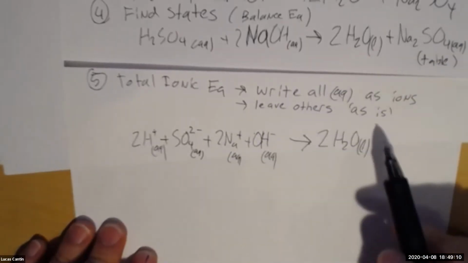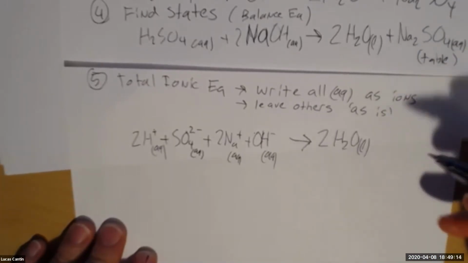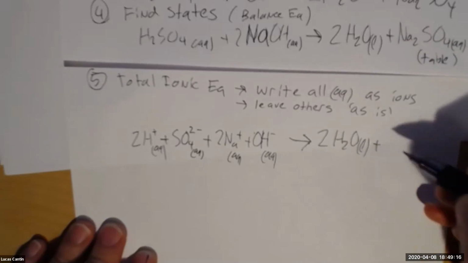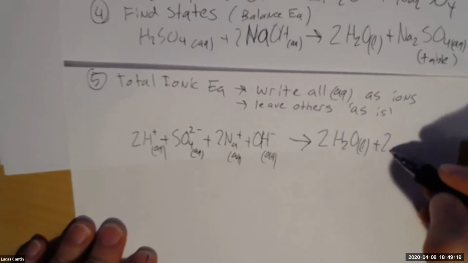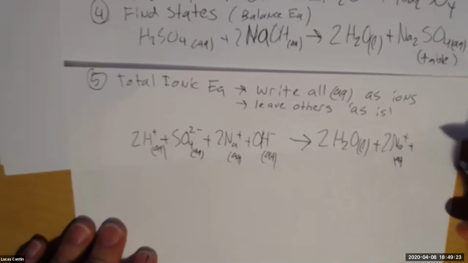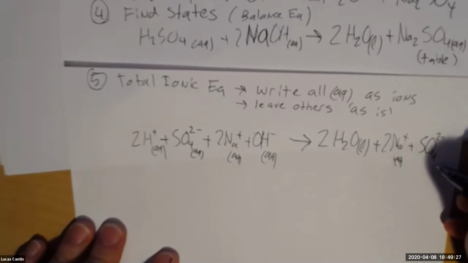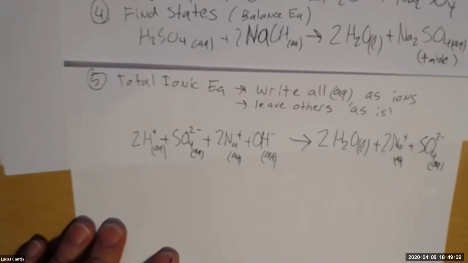Okay. And then we also, from up here, we have Na2SO4. So this is kind of the new one. Well, that's going to make 2 sodium ions aqueous plus sulfate 2 minus aqueous. And so that's my total ionic.